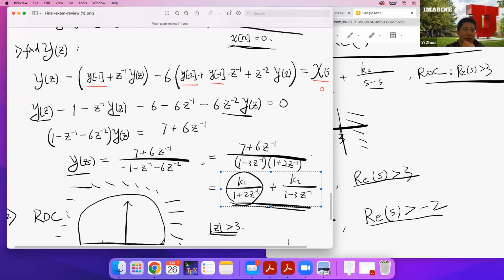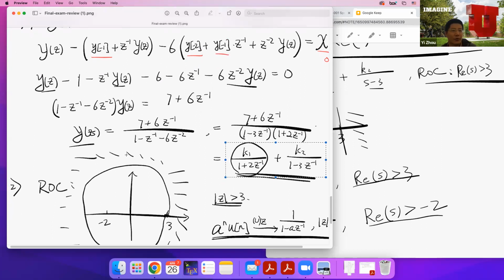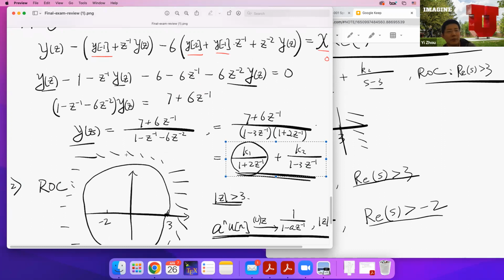For unilateral Z transforms, the ROC is always outward from a certain area, always towards infinity, not inward. It's like the unilateral Laplace transform, where the ROC is always right-sided. Here, for the unilateral Z transform, the ROC is always outward.